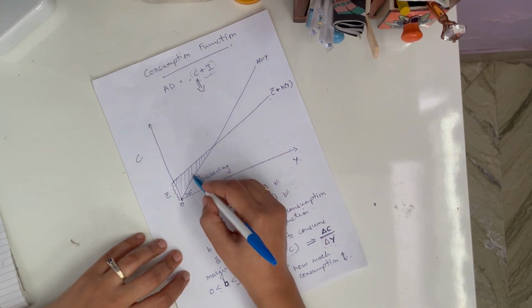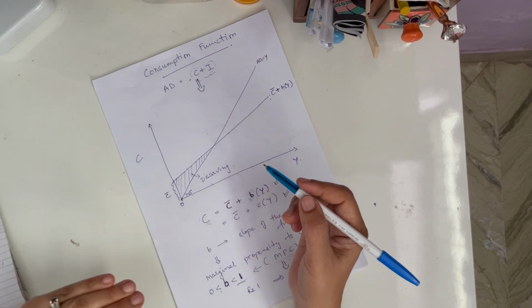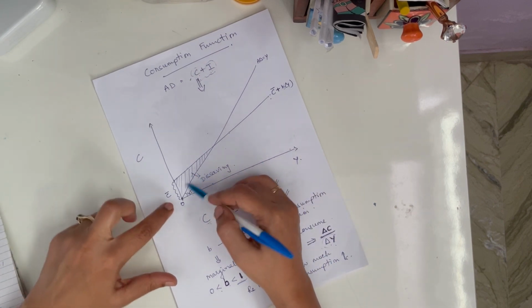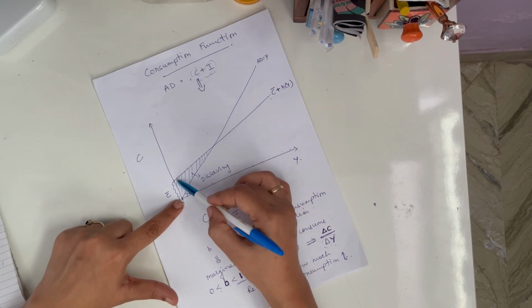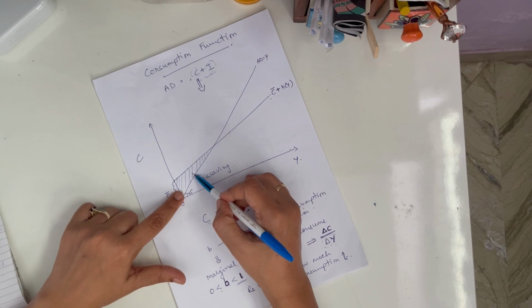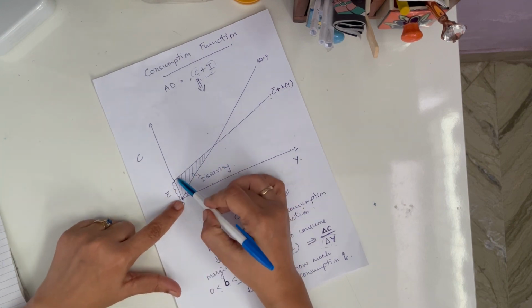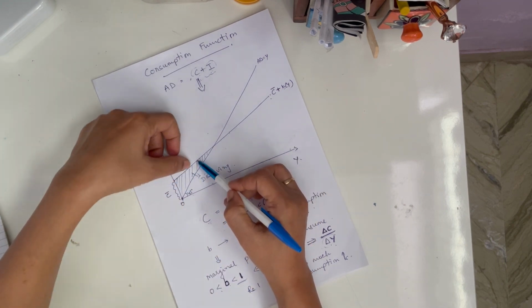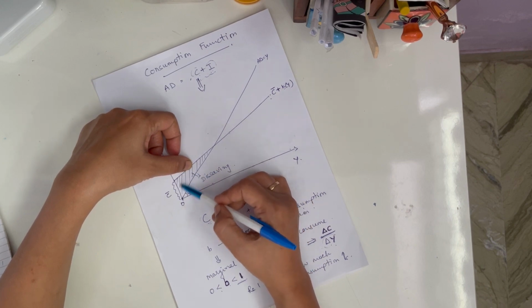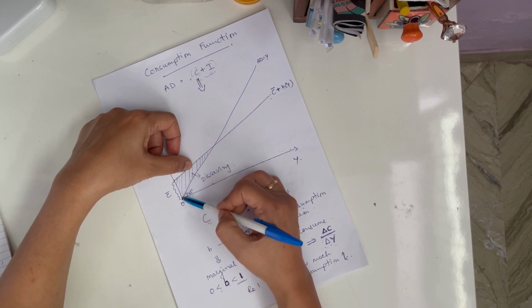My savings are diminishing because I'm consuming those savings to finance my consumption. So this is a part of my saving. Or you can also see it like this: since my consumption function is above my income level, I am saving in order to finance my minimum level of consumption.